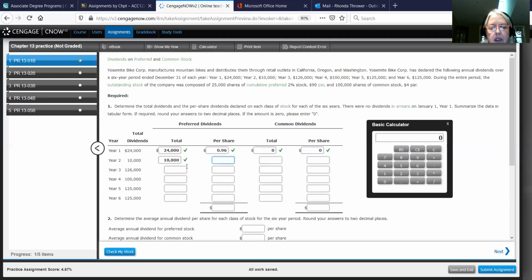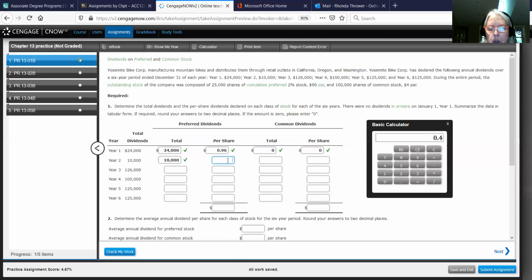We also need to declare or show the dividends per share for our preferred stockholders. We're going to take our $10,000 and we're going to divide that by the number of shares of preferred stock outstanding, which was 25,000 shares.